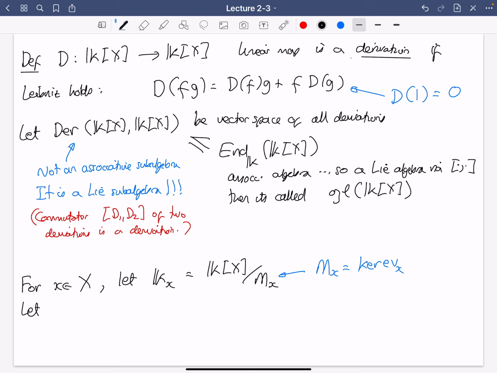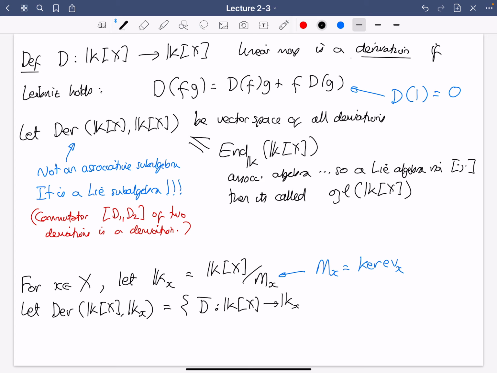And then I'm going to let the set of all linear maps from the coordinate algebra to this k_x be... This k_x is just a copy of the field k, right? We're quotienting out a maximal ideal, so that's the field.